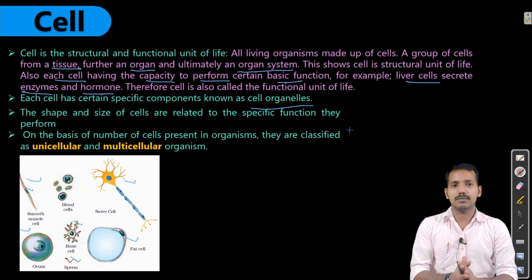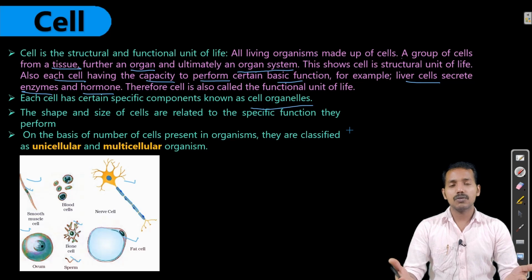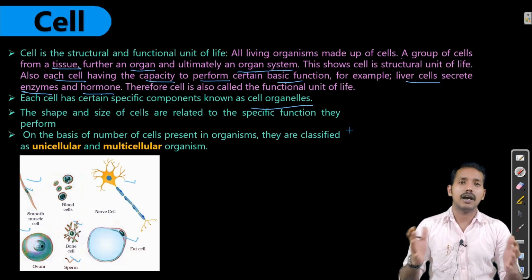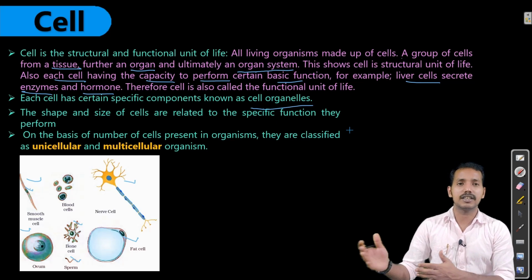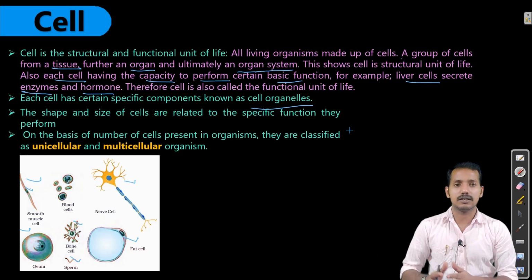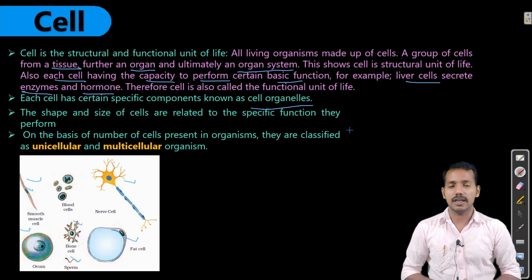All the organisms are not made up of the same number of cells. It depends on the function they perform, where they live, and the size of the organisms. The number of cells present in their body is also different. On the basis of the number of cells present, organisms are classified into unicellular and multicellular organisms.